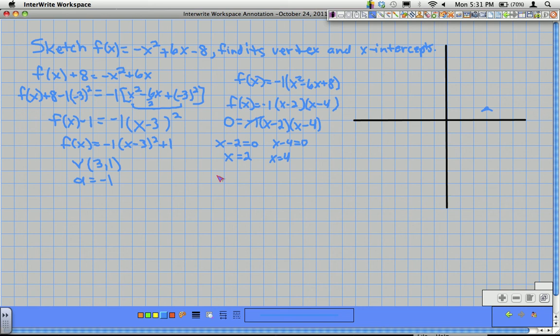So that means that 2, 0 and 4, 0 are my x-intercepts. So I can go 2, 0, put my point, 4, 0, put my point, and that gives me enough to at least get a reasonable sketch for this particular problem.